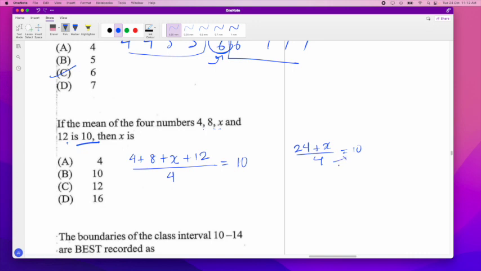I can throw across the 4 to give us 24 plus x is equal to 40. That's 10 multiplied by 4. x will be 40 minus 24. So 40 minus 24 gives us 16.